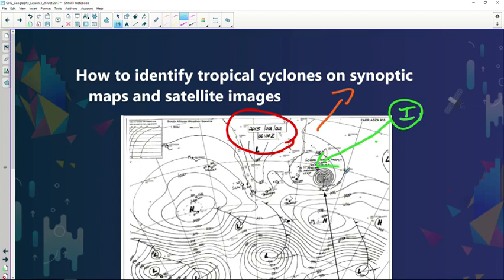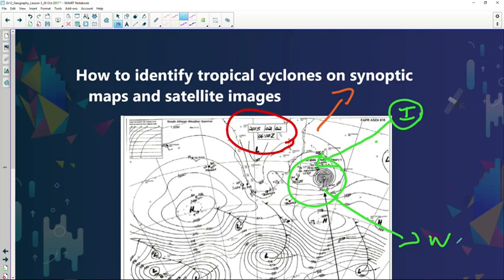Now, as you can see on our synoptic chart, we can see our tropical cyclone just off the east coast of southern Africa. This tropical cyclone is definitely in its mature stage and is starting to recurve and move in the westerly wind belt to colder ocean waters.